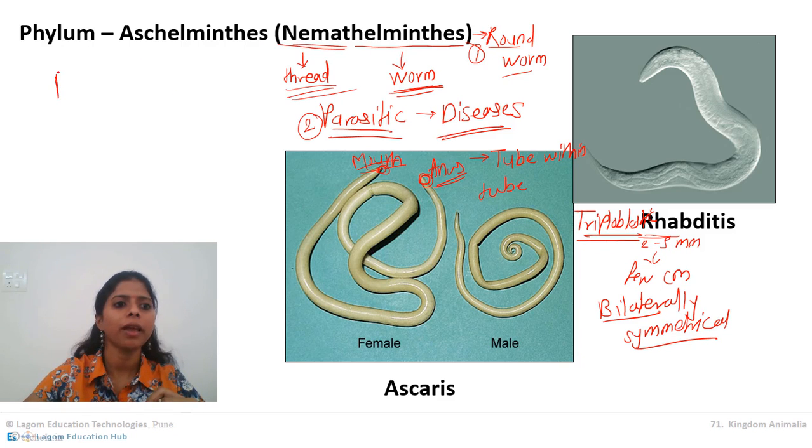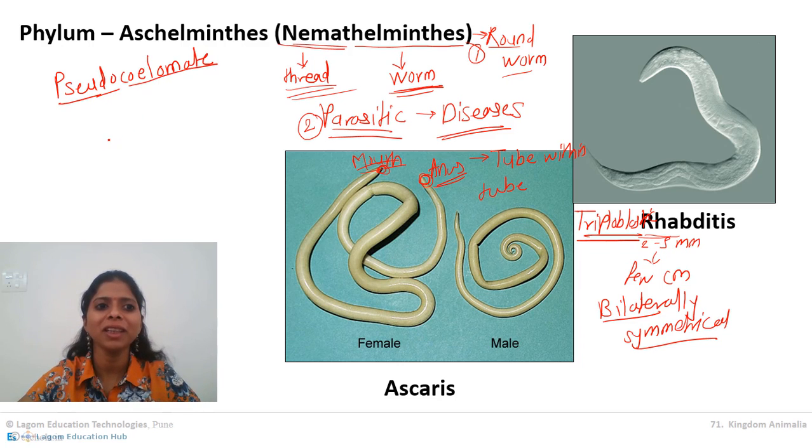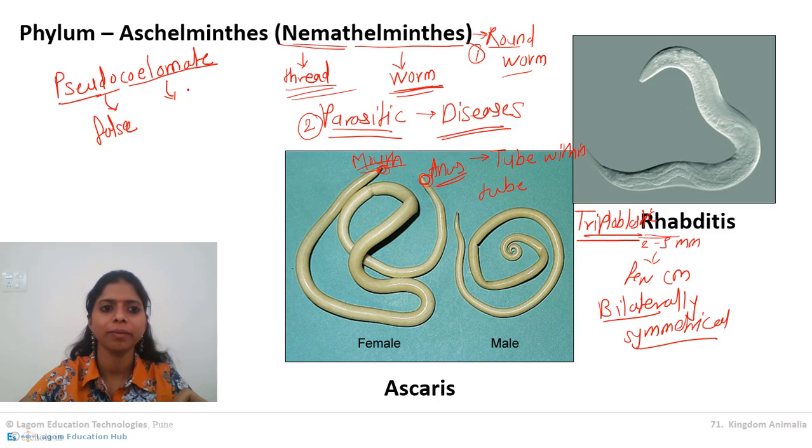Now when we come to the coelom, they are pseudocoelomate. What kind of coelom are they having? Pseudocoelomate. Do you remember what pseudocoelomate means? Pseudo means false and coelom means body cavity.